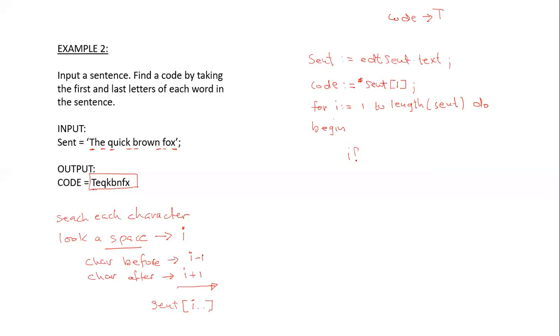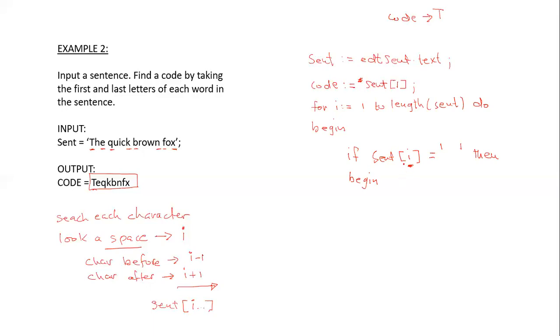So if sent at position I is equal to, open a quote, leave a space, close a quote, then begin. So it has now found a space at position I.